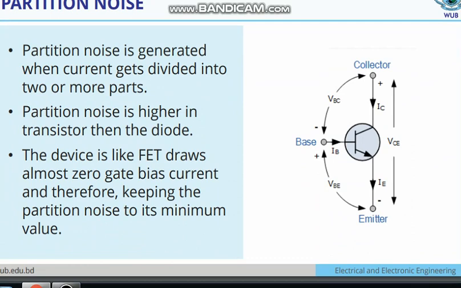Partition noise is generated when current gets divided into two or more parts, as in a transistor. Partition noise is higher in a transistor than in a diode. A device like a FET, field effect transistor, draws almost zero gate bias current, and therefore keeps the partition noise to its minimum value.